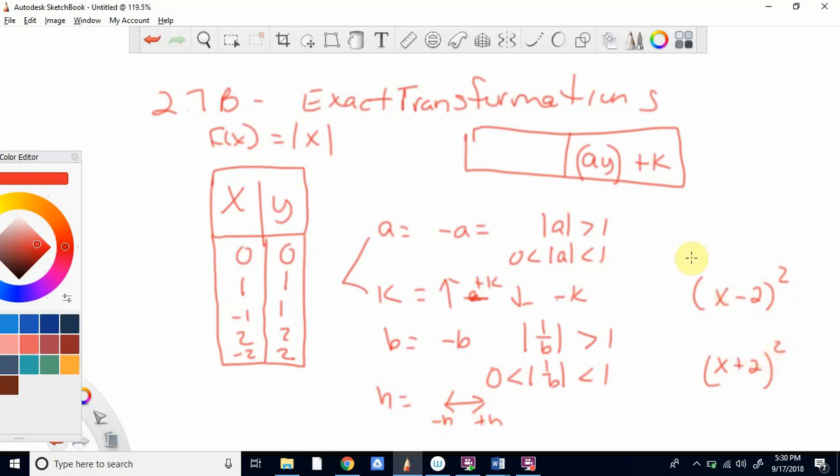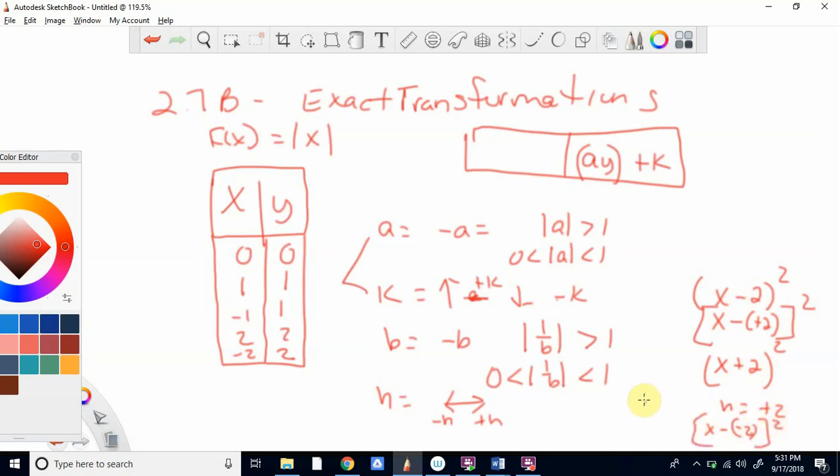Remember the formula is x minus h. So you're going to take this and say x minus positive 2. It's still all squared. So h is going to be, in this example, positive 2. And then in this example, you would rewrite this to say x minus negative 2.